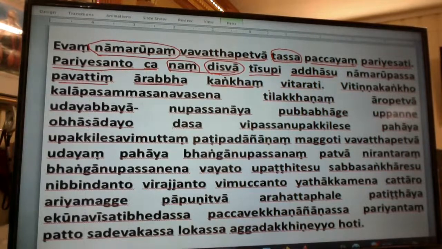Kankha, Vichikiccha, the Pali is very similar in meaning. Kankha also means doubt, Vichikiccha also means doubt. Vitarati is overcome. You can easily overcome doubt.